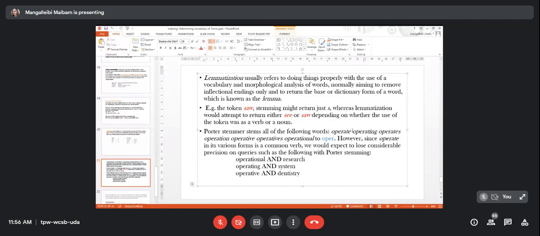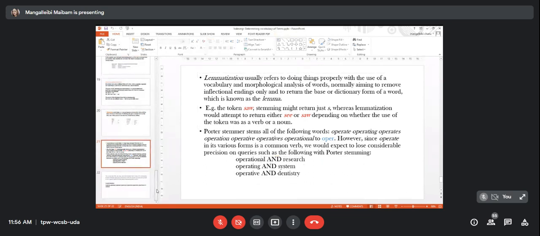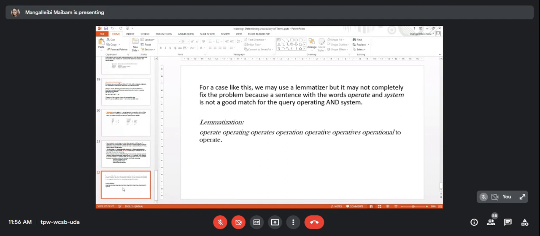But if you return operate, you can process the query operations. So these things also you have to check while performing stemming and lemmatization.